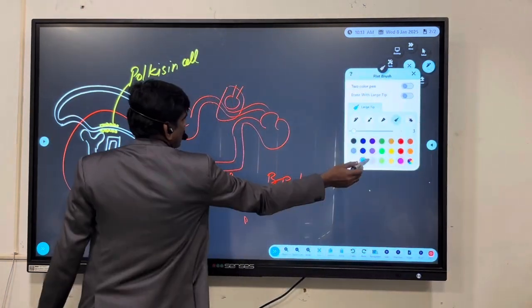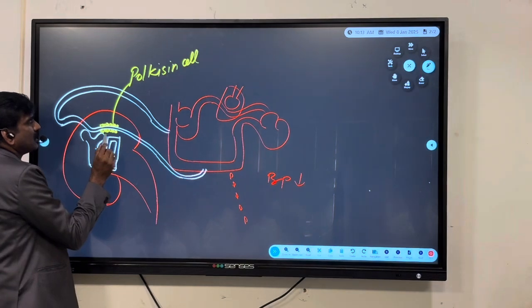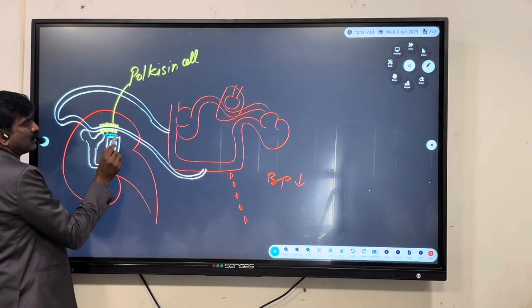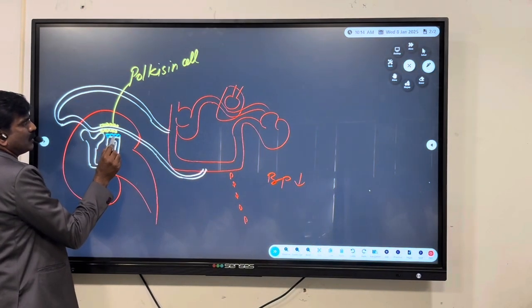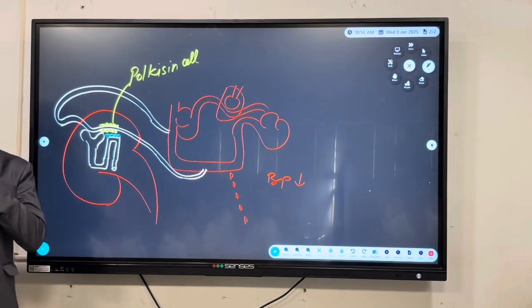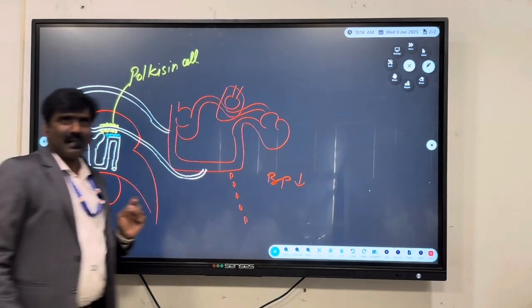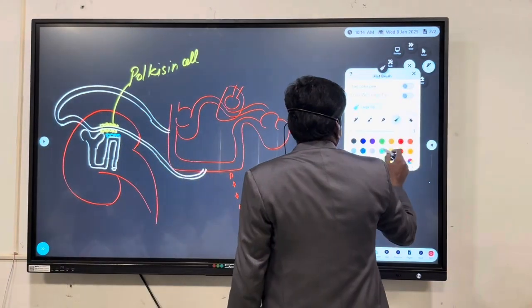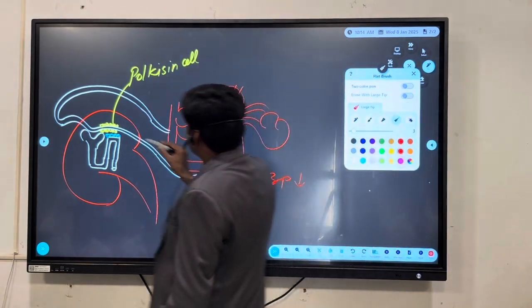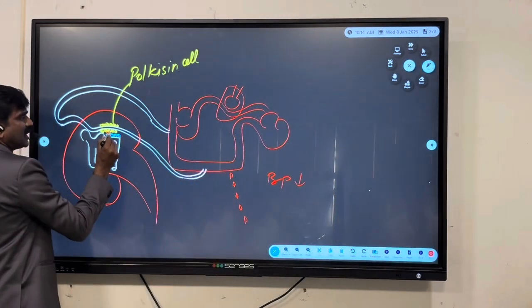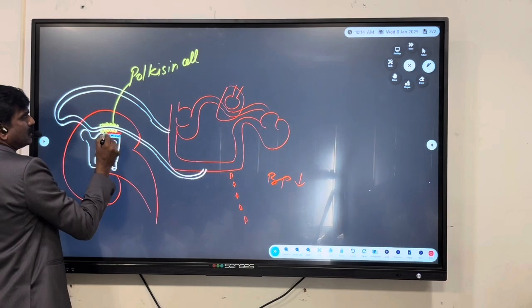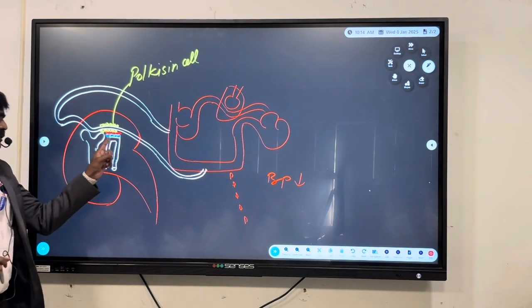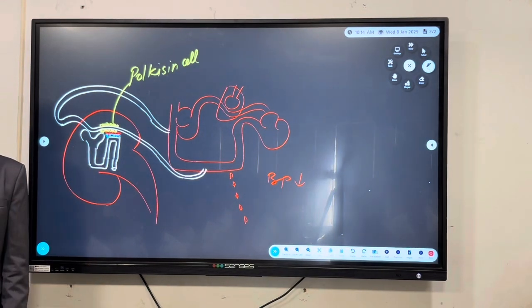The smooth muscles of the distal convoluted tubule are also modified, right? And there are a few cells which are connecting the Polkissen cells and the smooth muscles of the distal convoluted tubule.